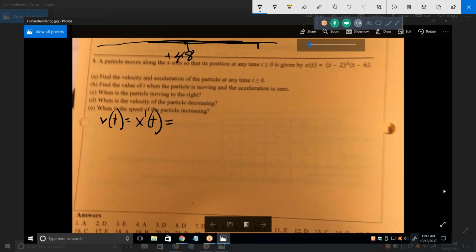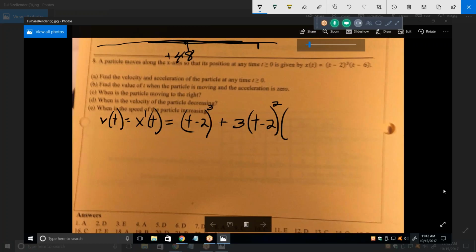So what's the product rule here? It's (t minus 2) cubed times 1 plus 3 at the front, (t minus 2) squared, and that's it.